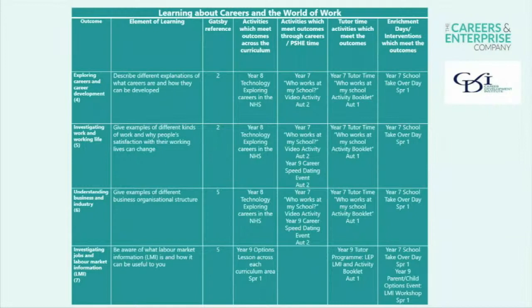So you can see in that example, this is actually taken pretty much from my time as a careers leader in a school in the Northeast. You can see that the activities populating this audit are from discrete career sessions. It links to assemblies, tutorial times, but it is also embedded in the curriculum as well.